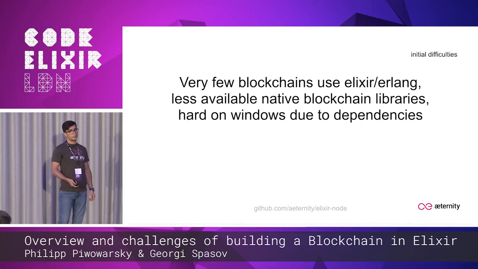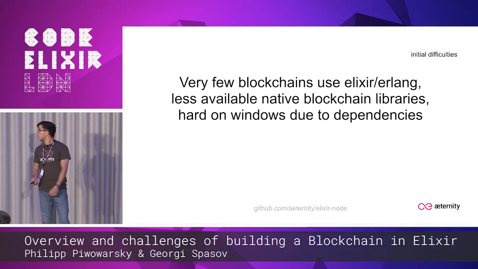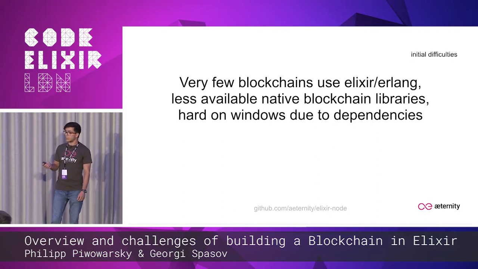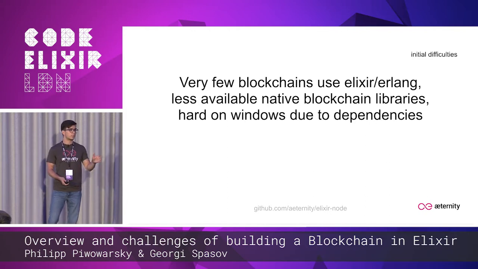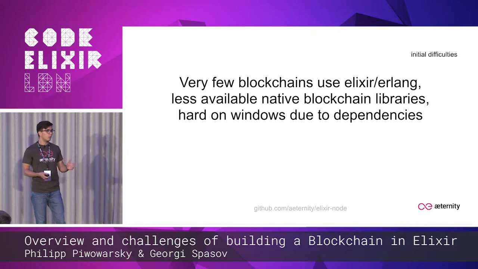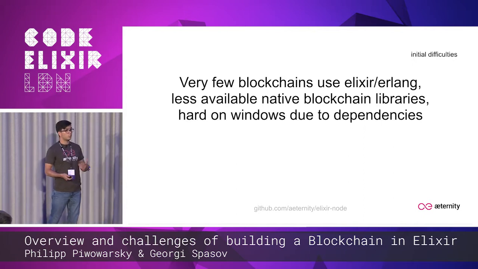Of course, very few blockchains were made in Elixir or Erlang, so we didn't have something to look at and say, okay, that's a good thing we can implement, or this is something we can do better.